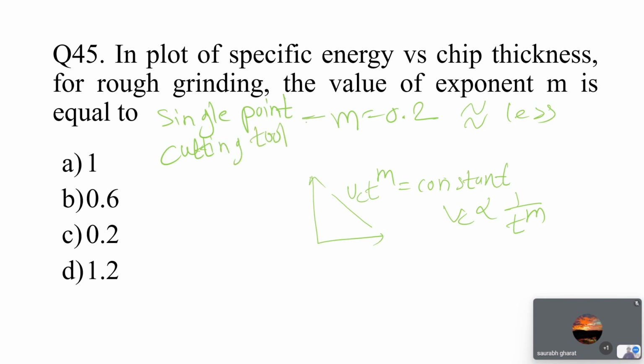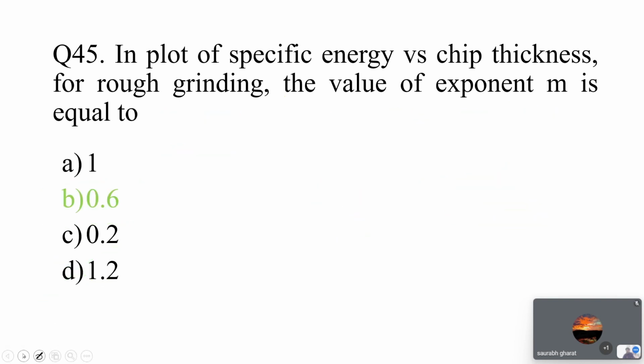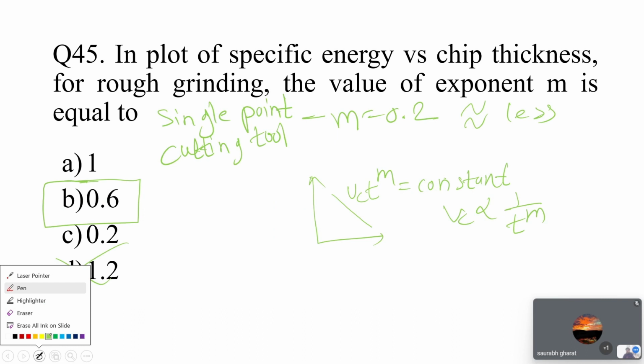Okay, this is slightly less. And 0.6 is for rough grinding, and 1.2 is not possible. So 1.2 is not here.